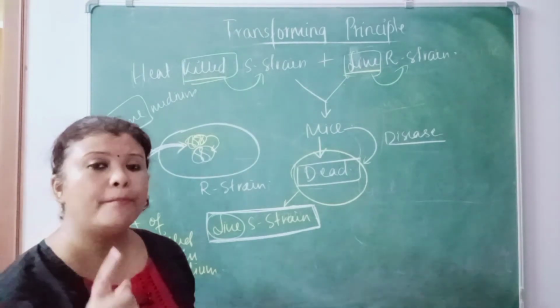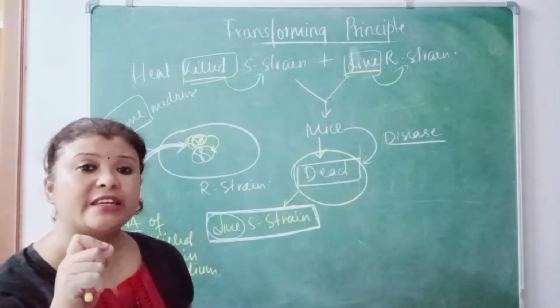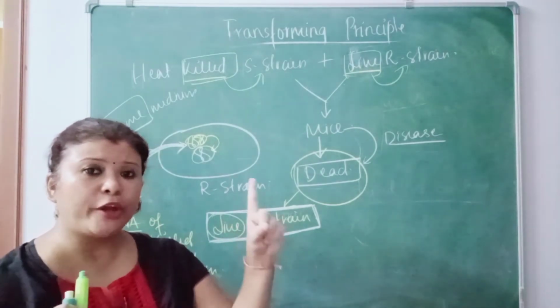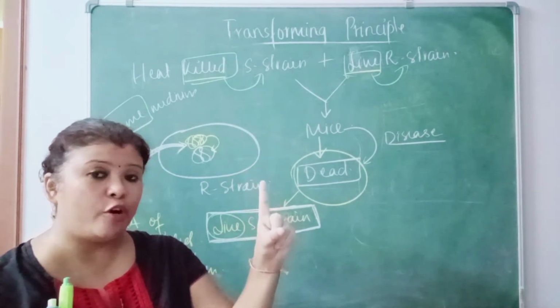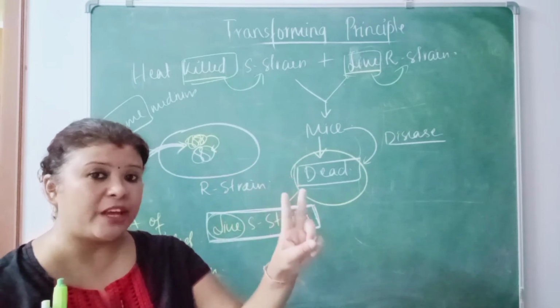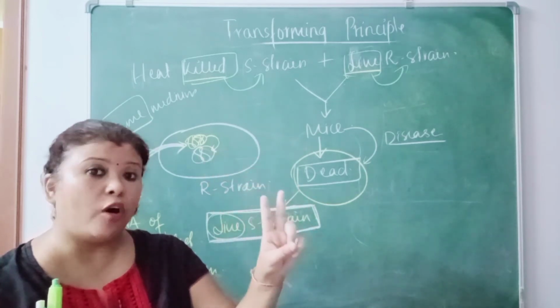Now you have to remember what information is present in the DNA of the heat-killed S strain. Point number 1, it has the information to form a capsule. Point number 2, it has the information of causing disease, that means pathogenic form information.